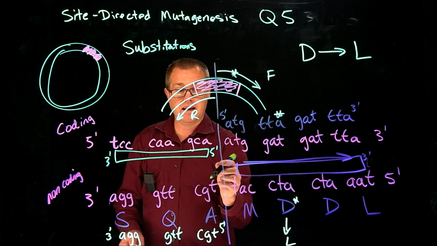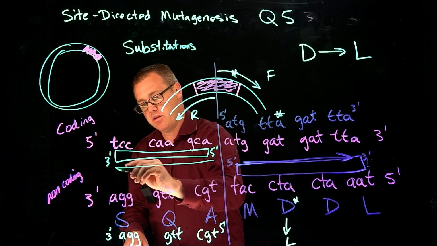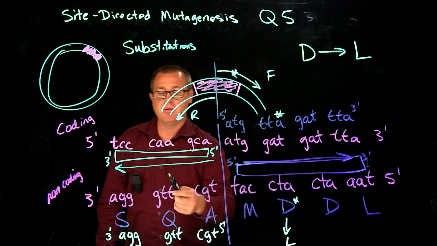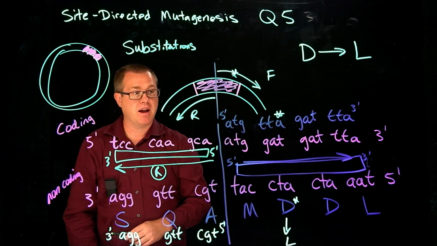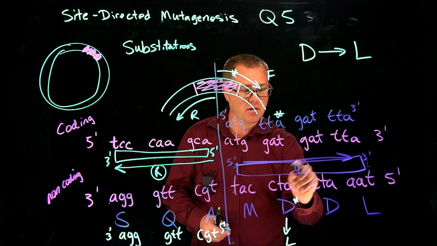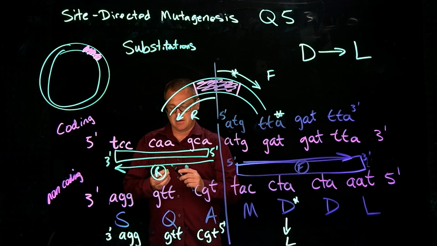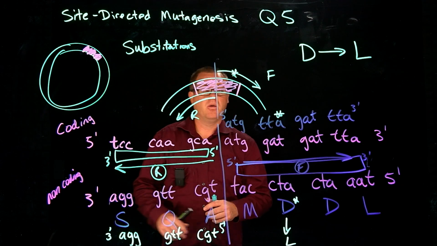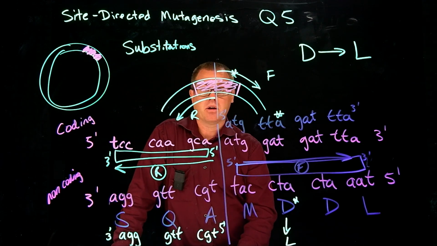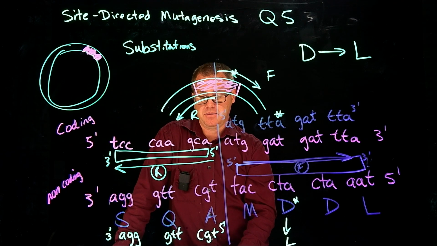And we synthesize DNA from the 5 prime end to the 3 prime end, so it's going to go in that direction. And that would be our reverse primer, and this one's our forward primer. Okay? So that's how you design your primers to do this experiment.